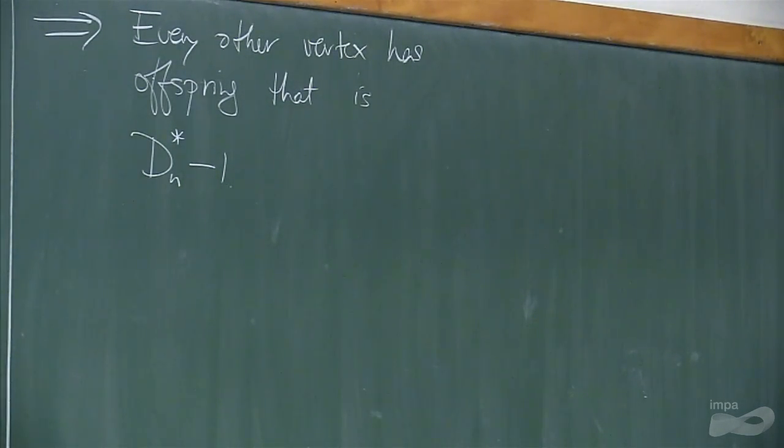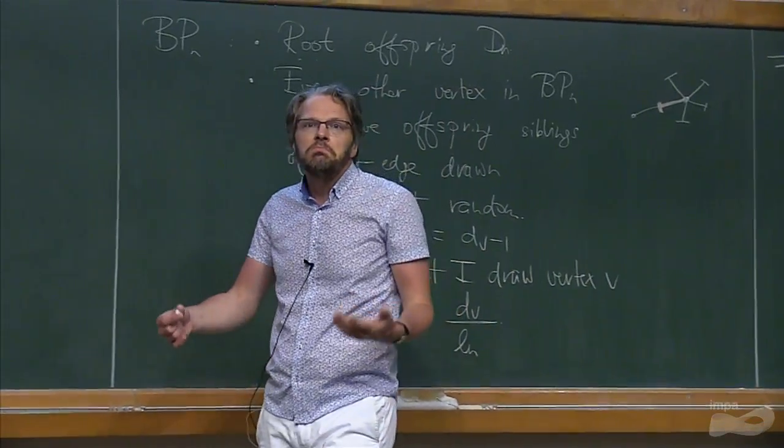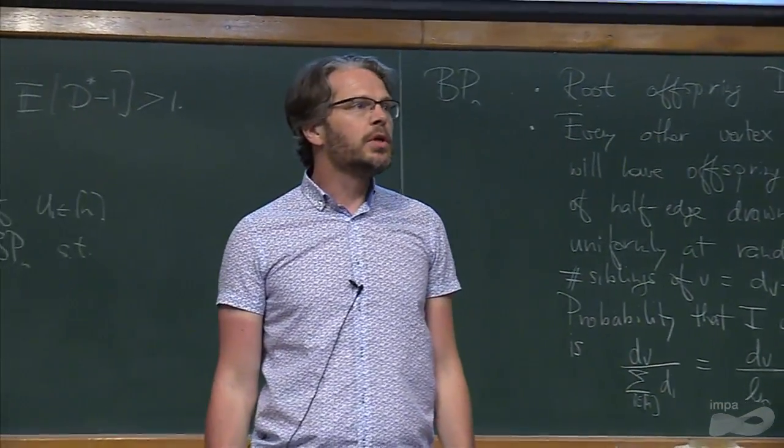The one that I'm removing here. So the forward degree is only the ones that are going outwards. And I draw this vertex with a probability that's proportional to its number of half edges. Okay? So now I have a branching process that depends on n. The root distribution is slightly different from the distribution at any other vertex. But of course, that doesn't really matter for many properties.